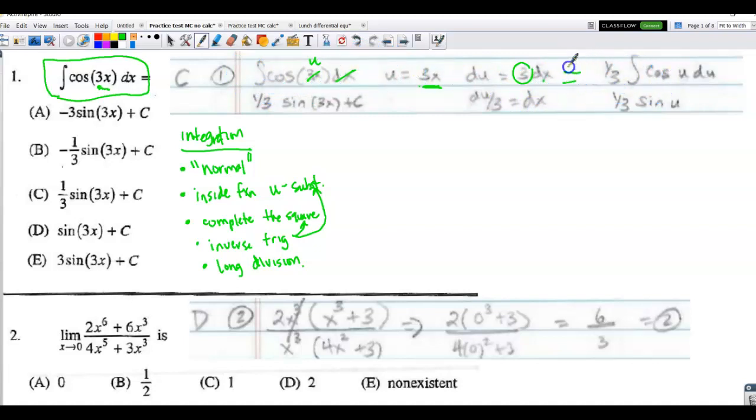So that's my substitution here. The antiderivative of cosine is sine, and I always check that by asking myself, what is the derivative of sine? The derivative of sine is cosine, so I know I did my trig integration correctly, and then I'm going to resubstitute the 3x back in place and put my plus c.